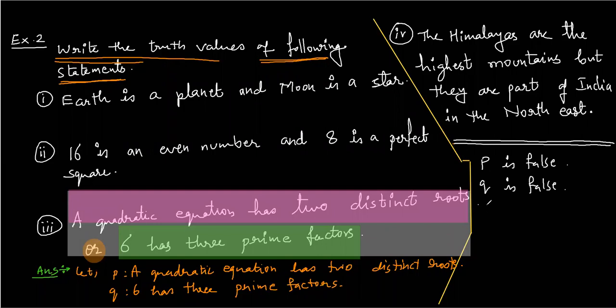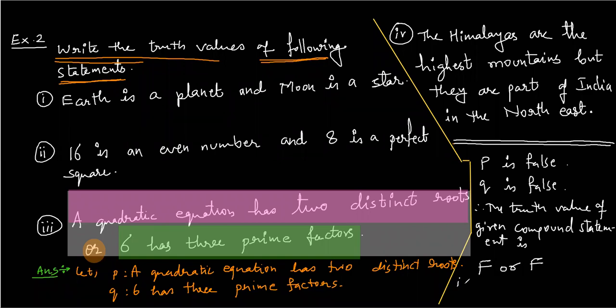Therefore the truth value of the given compound statement is false. This is false or false. So what I write? False or false. That is false disjunction false.